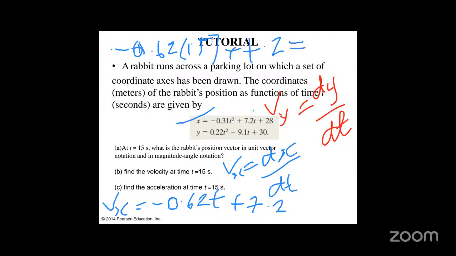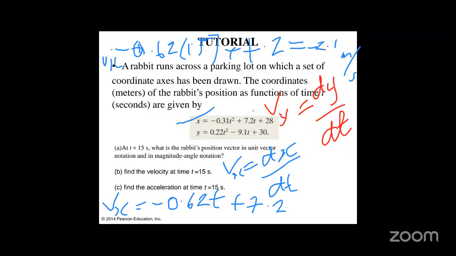So that will give us minus 2.1 meter per second. That is our Vx.